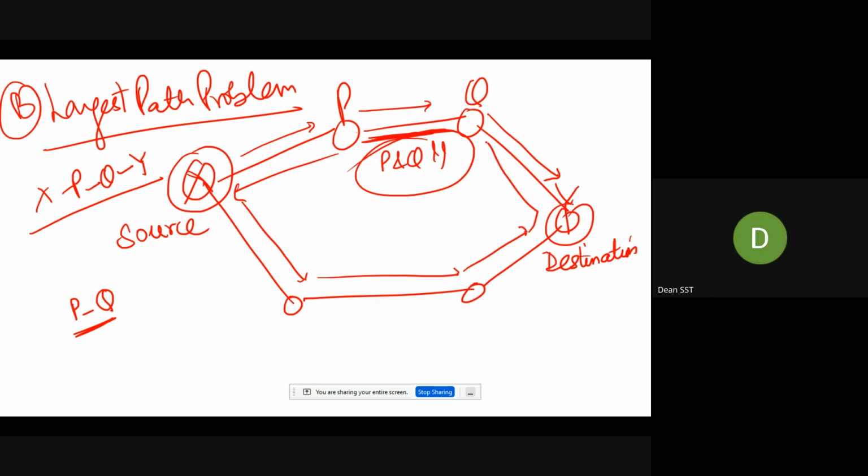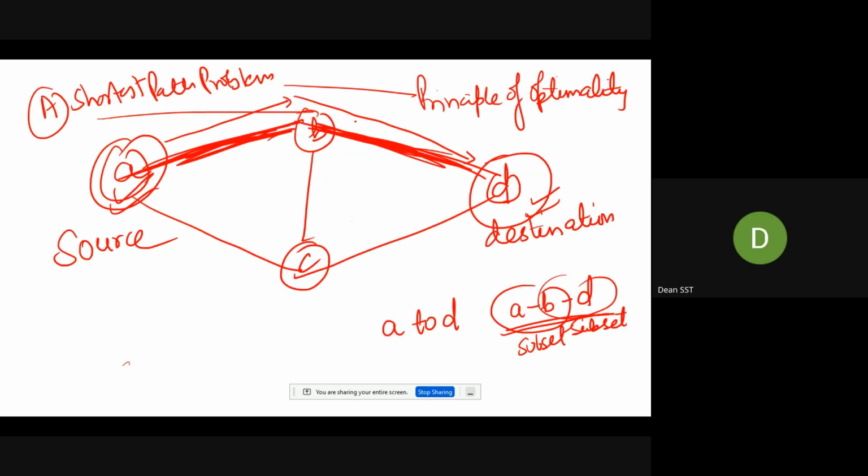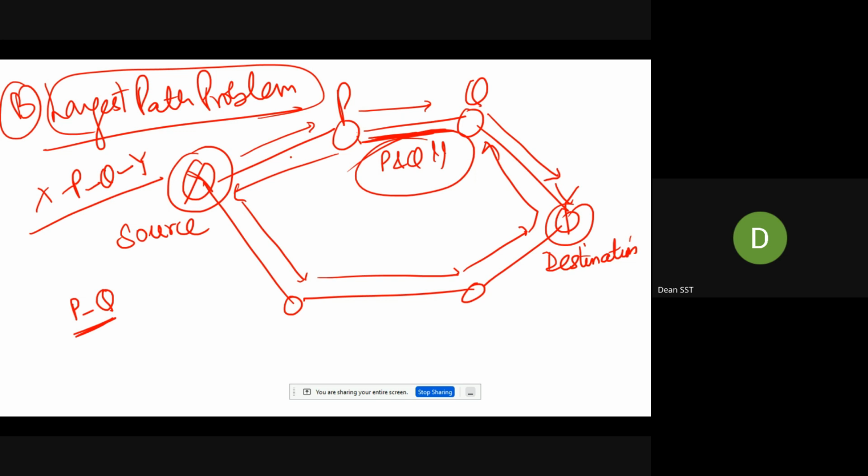So we can say that the longest path problem does not follow the principle of optimality. In the shortest path, whatever we found, every subset was the shortest path. But in the longest path, no. The longest path is X, P, Q, and Y, but when we are finding the distance between P and Q, we can't say this is the longest one.